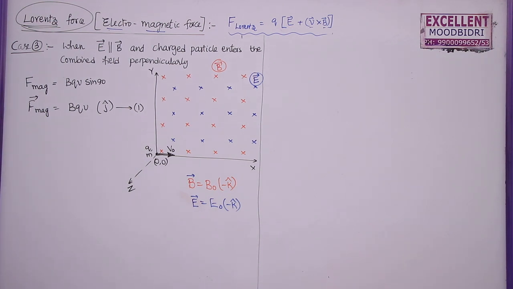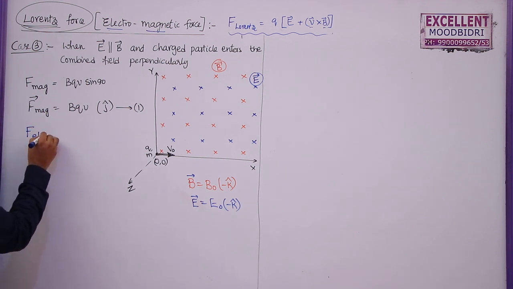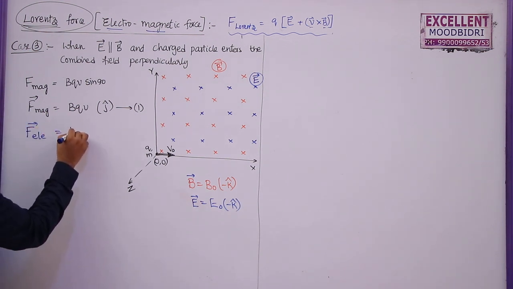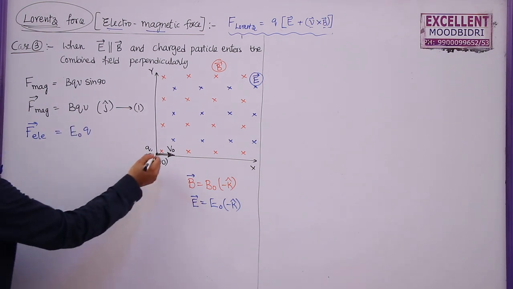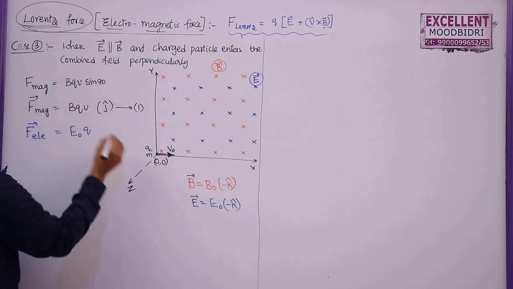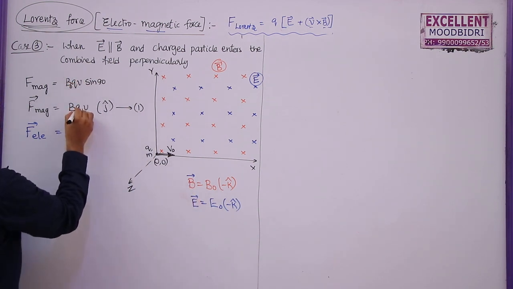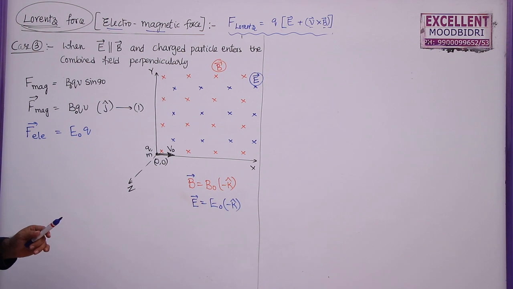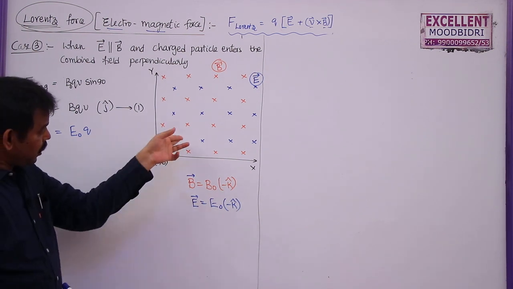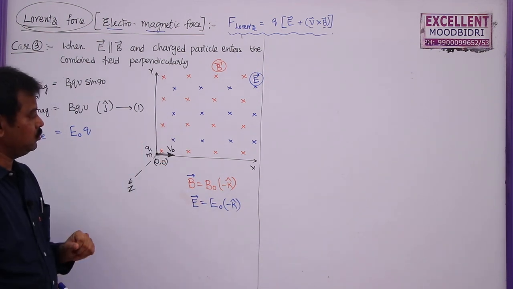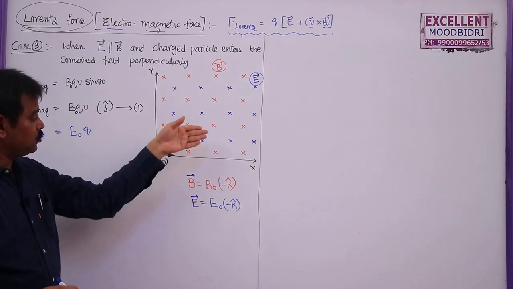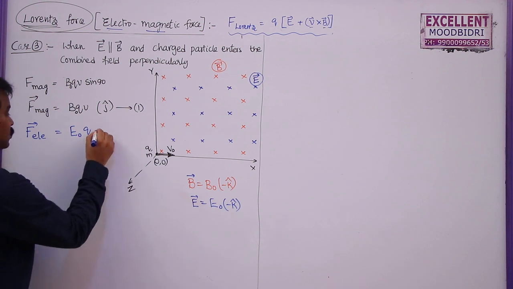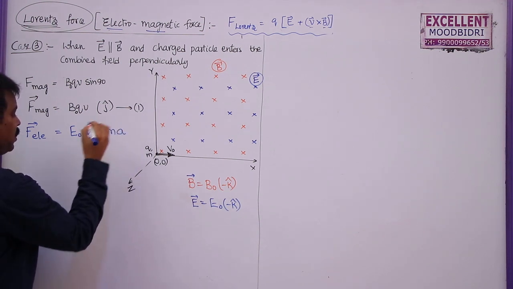What is the magnitude of the electric force here? The magnitude of the electric force is given by F electric is given by E naught Q. But as the electric field is also acting along negative z-axis, this particle will experience a force towards negative z-axis only. So this must be equal to ma.